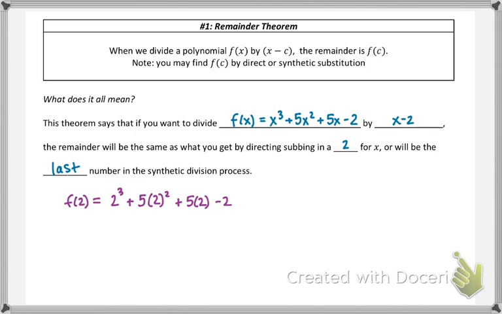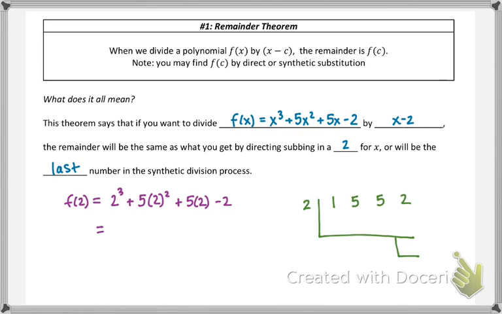So another way would be to synthetically divide. So my coefficients are 1, 5, 5, and negative 2, and check to see if the remainder is the same. So you can go ahead and work on that with your group and verify and check each other's answers. You can stop here and then check back later to see if you have the same answer. I'm just going to go ahead and do this out, but you do this with your group.